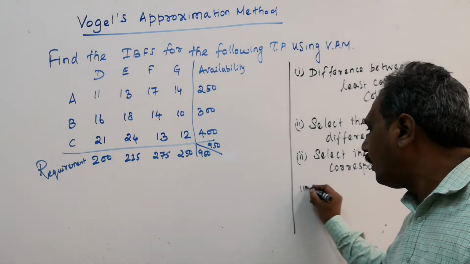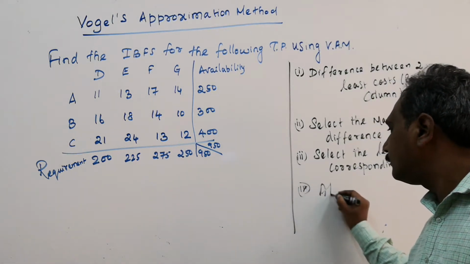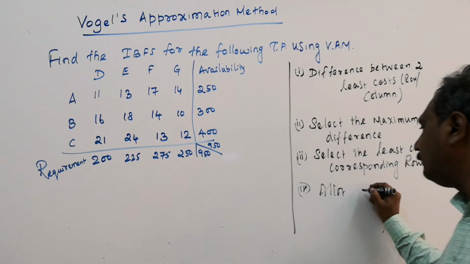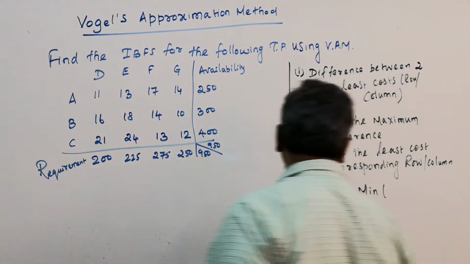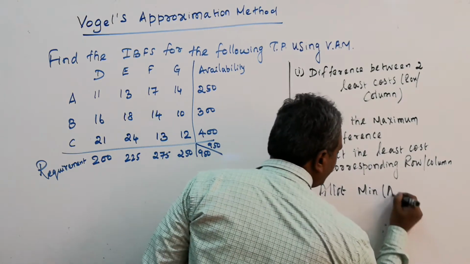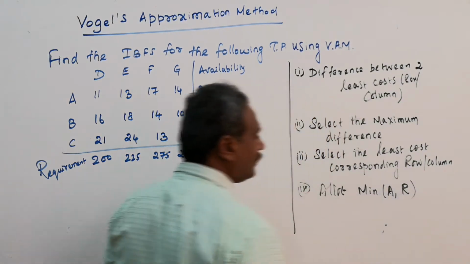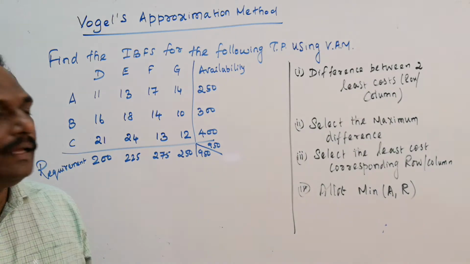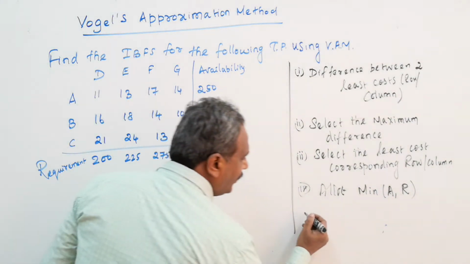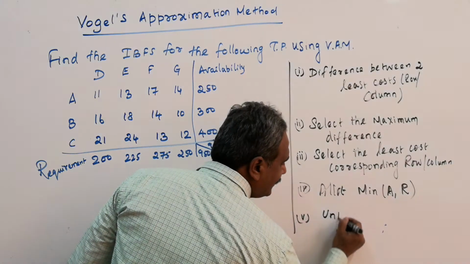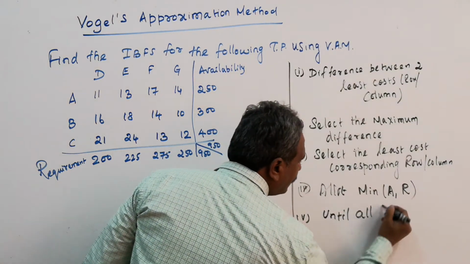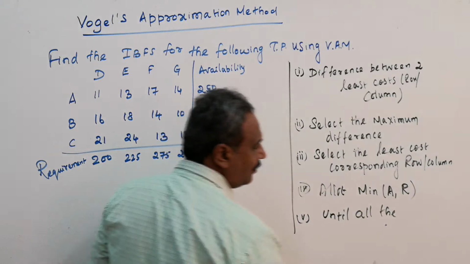We are going to allot the minimum of availability and requirement. We are going to continue until all the values are allocated.